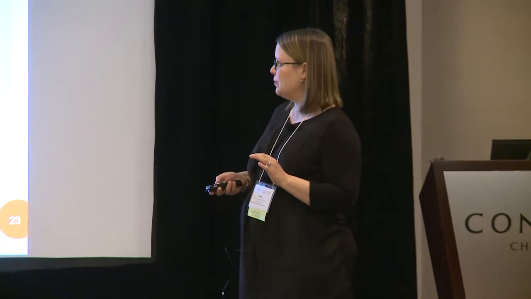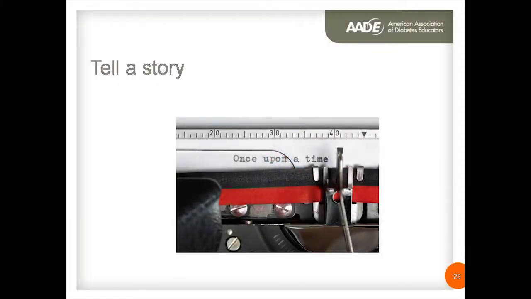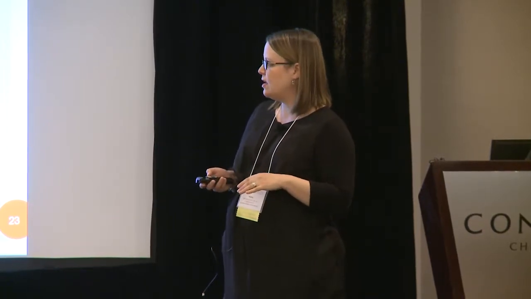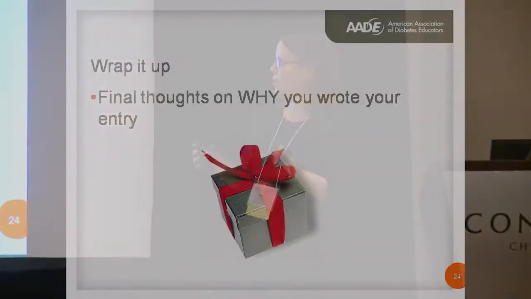So from all of these ideas, I think that we have plenty of material to do this. You definitely do. So you're going to tell your story. You're going to tell it concisely. So write it all out, edit it down, try to get it to 1 page or less, and then wrap it up in a bow.